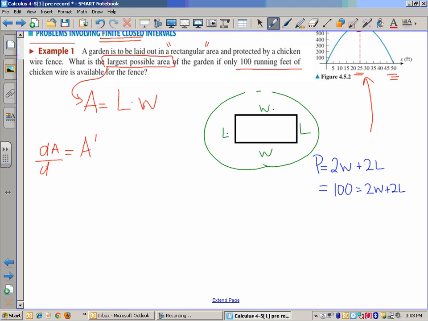Okay, so with that being said, I need to solve for a letter because I have to decide what I'm going to differentiate with respect to. So I'm going to go ahead and choose length because I want to. So 100 minus 2w all over 2 is my length.